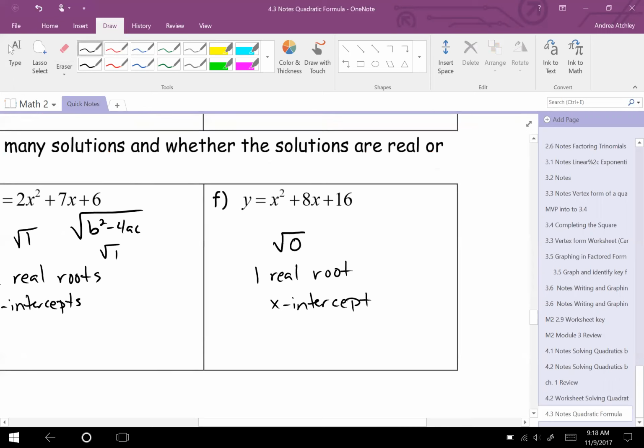It's going to face up because this is a positive x squared value. The a value is positive. Okay. Okay, so I got 8 squared minus 4 times 1 times 16. Okay, 8 squared is 64. 4 times 16 is 64. 64 minus 64 is 0. Okay.